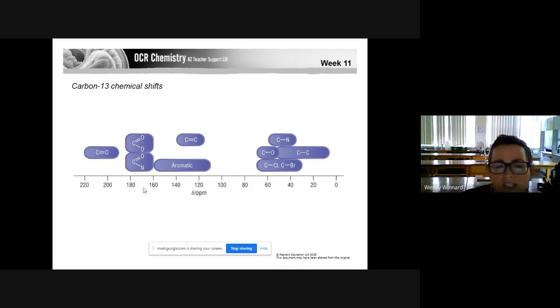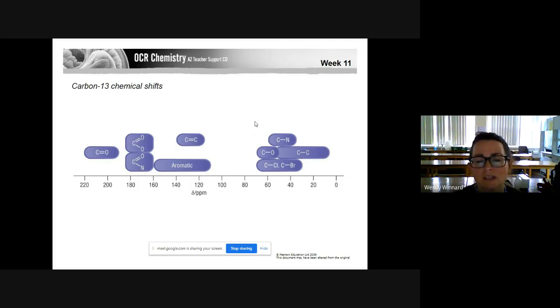On your data sheets, and I'll attach another one later, you will see carbon-13. Only atoms with odd numbers of nucleons, like hydrogen-1, fluorine-19 and carbon-13, have this property that they can absorb radio waves when they're submerged in a magnetic field.